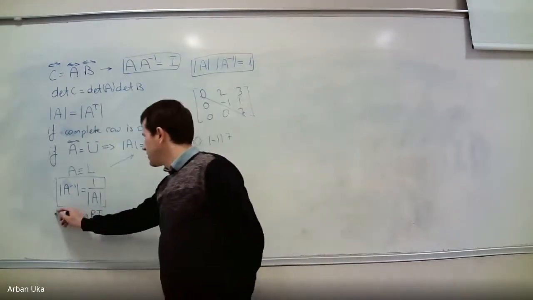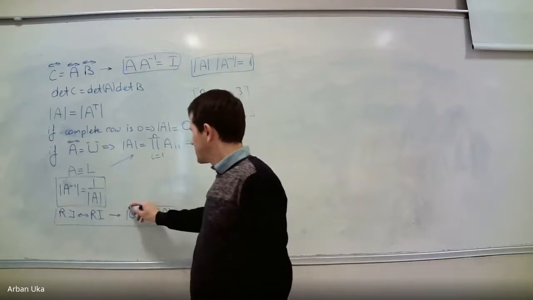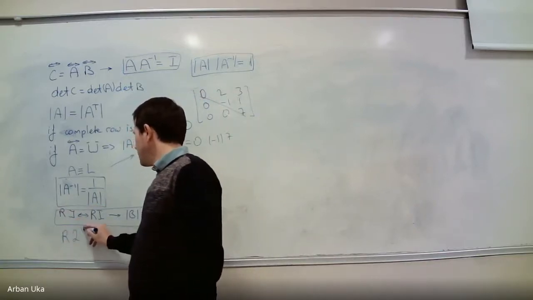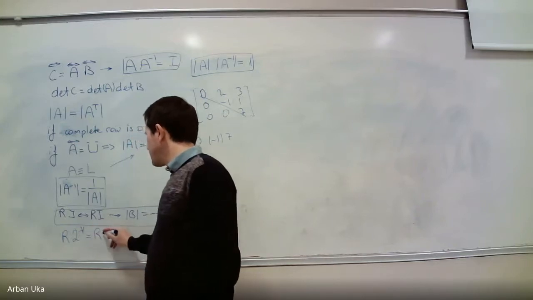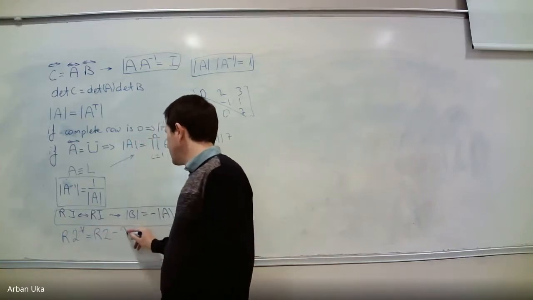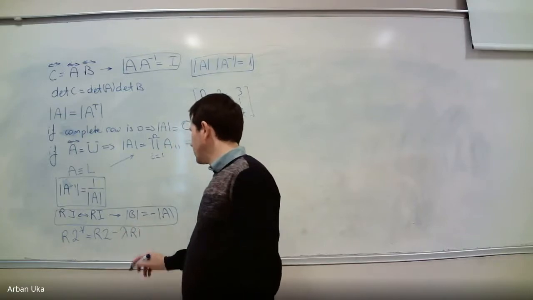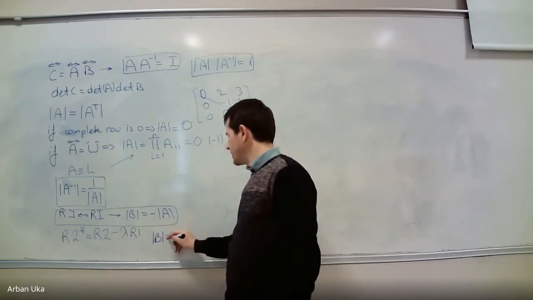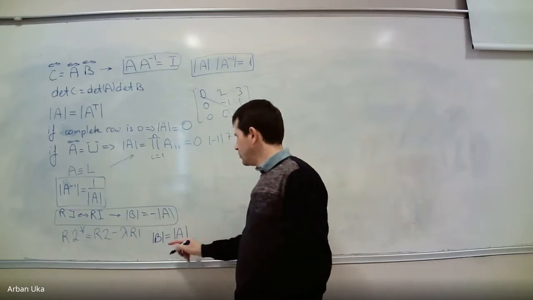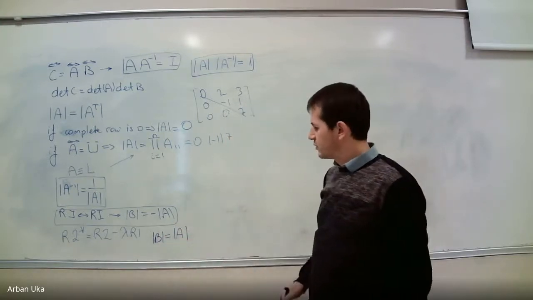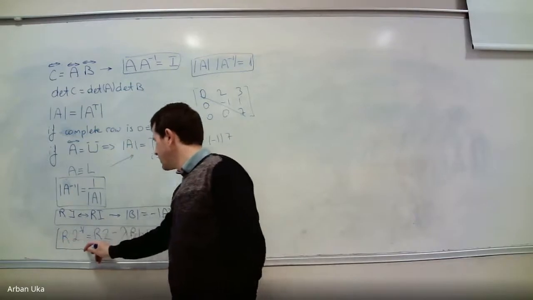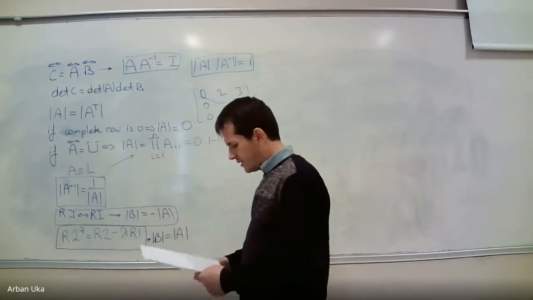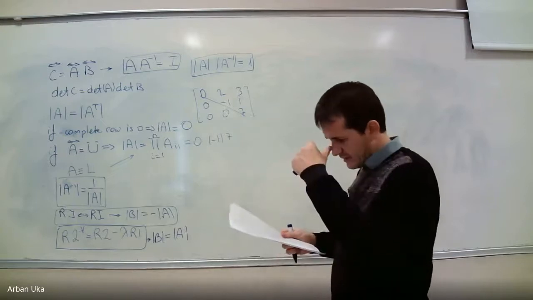This is how this affects the determinant. But this type of operation, which is expressed like row 2 star equals row 2 minus lambda times row 1, does not change the determinant of the new matrix. So the determinant of the new matrix is equal to the determinant of the previous matrix.